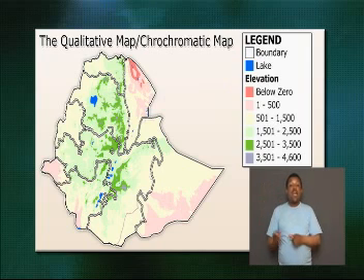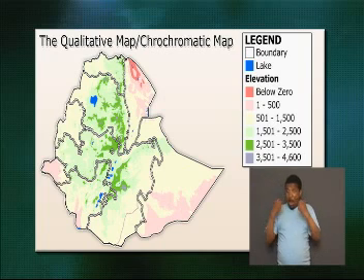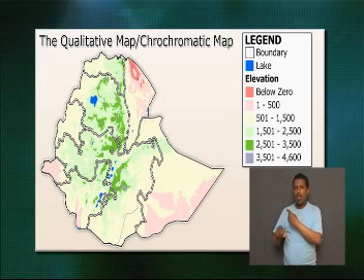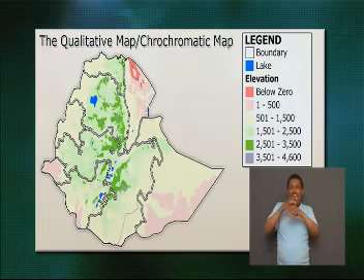The geographical features are shown in different color tints so that you are easily able to see the variations in landscape. There will be a legend on the side of the map showing which colors correspond to which area of the landscape.